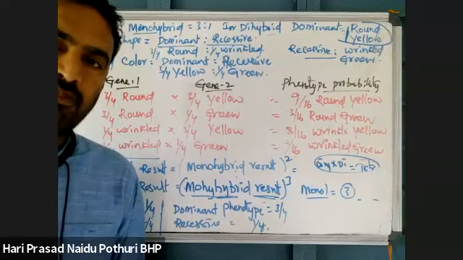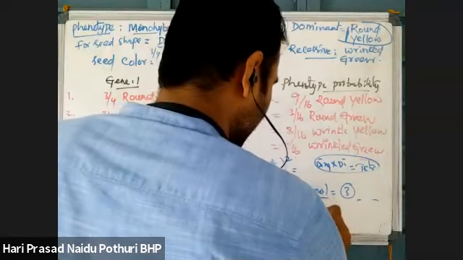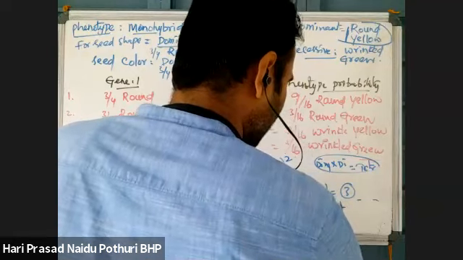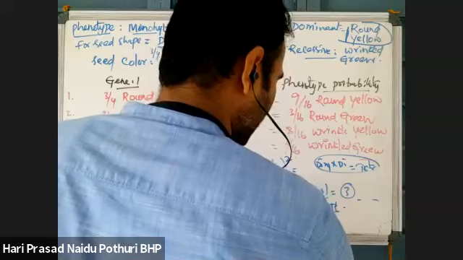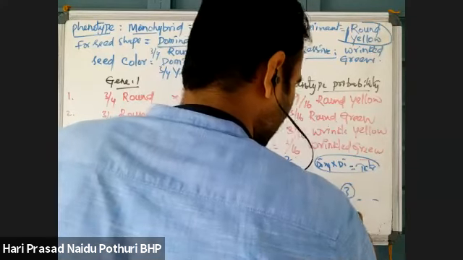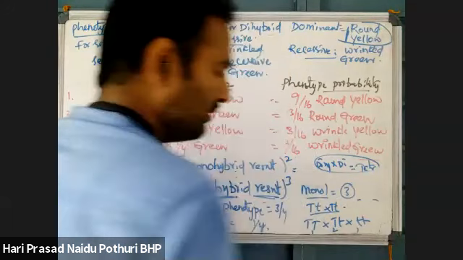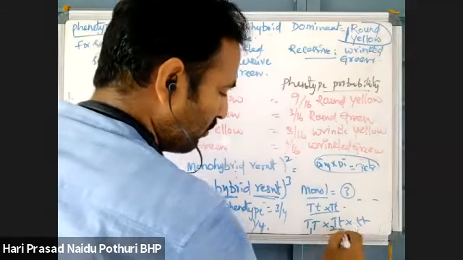For example, homozygous genotype. Suppose monohybrid, capital D small d crossed with capital D small d. Here capital D capital D, capital D small d, small d small d. Genotype ratio 1 to 2 to 1.